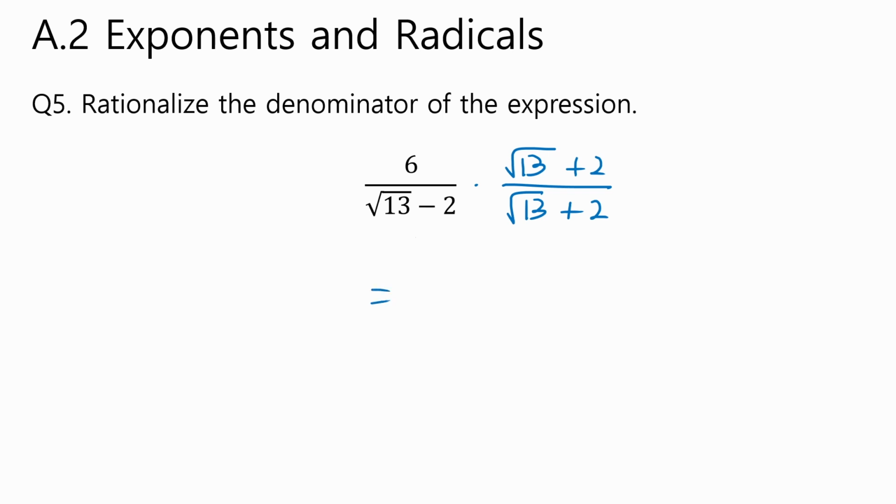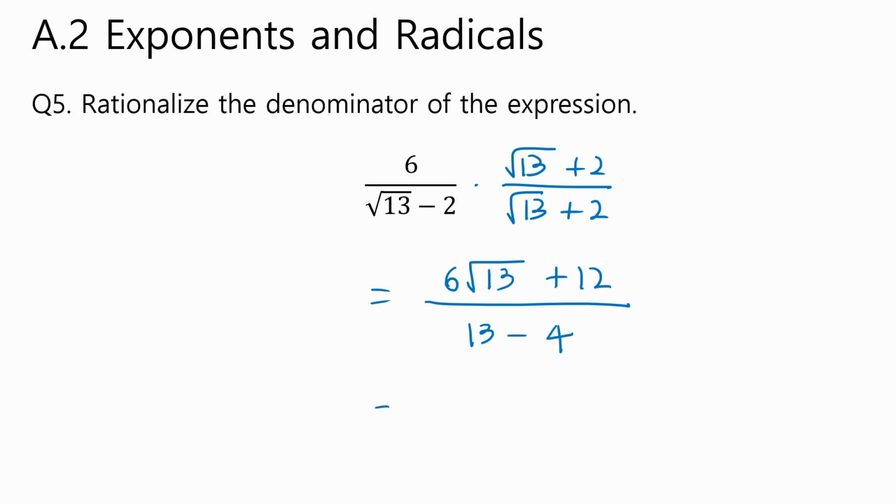And then the numerator becomes 6 times the square root of 13 plus 12, and the denominator becomes the square root of 13 squared minus the square of 2. So 13 minus 4.